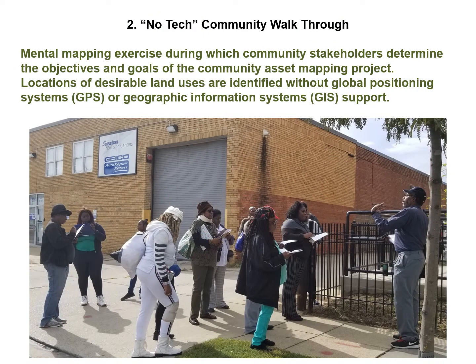Before we get involved with any technology such as geographic information systems or global positioning systems, we should just walk through our community and have people of all ages and perspectives walk through.